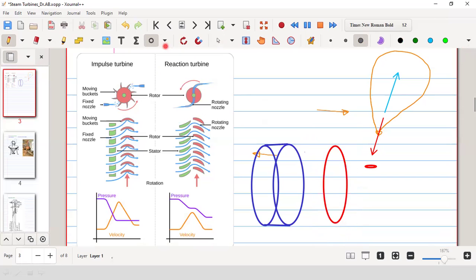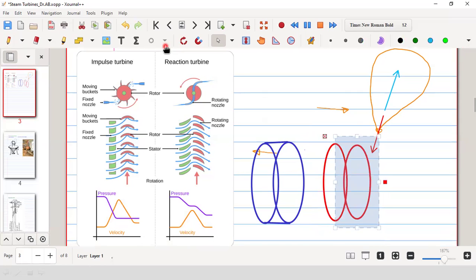Here you have the blades, so the blades are on this plane.